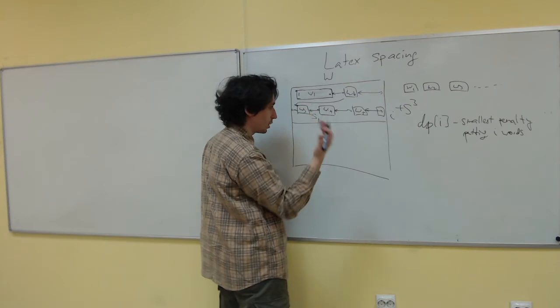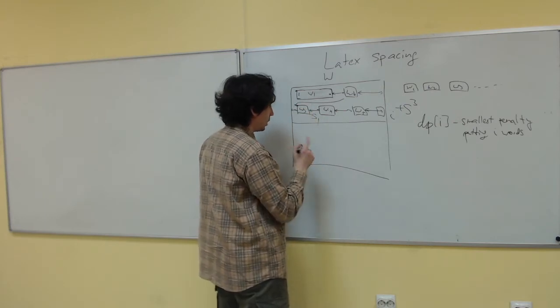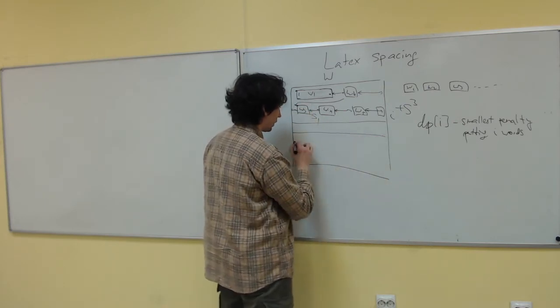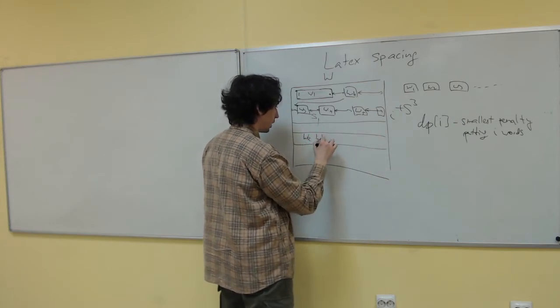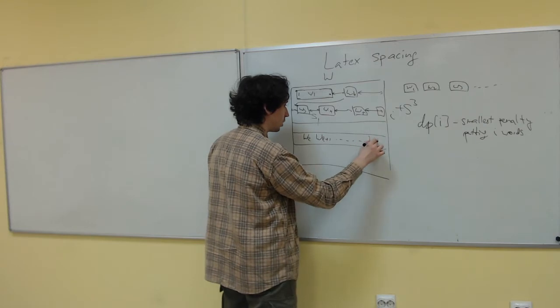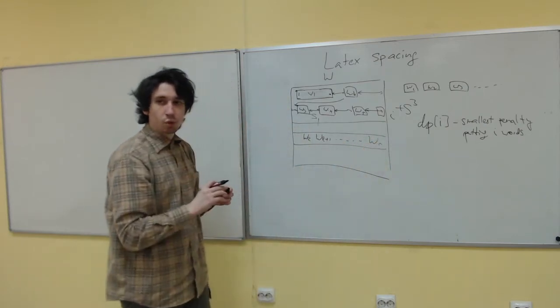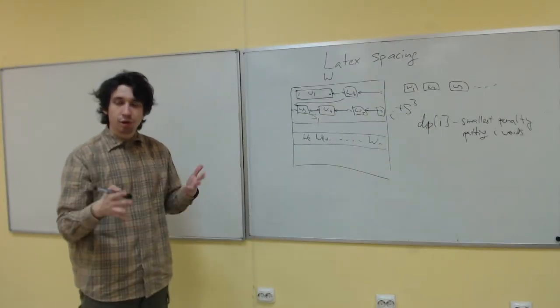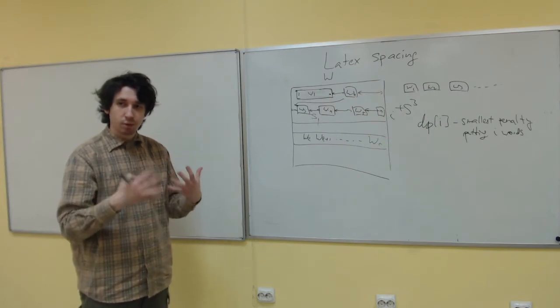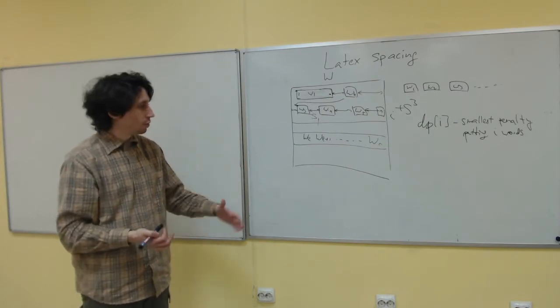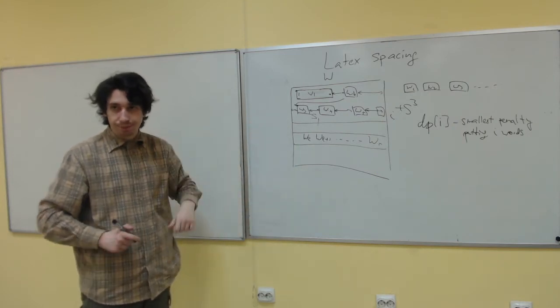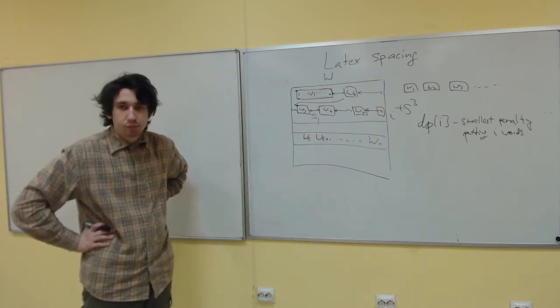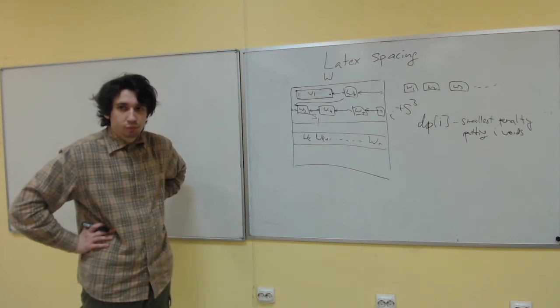Okay, so the first question. Suppose that we know that the line contains words L plus 1, etc., word R. So do we know the smallest penalty that will be achieved? Like suppose we know that at the line we have these words. What will be the penalty? What do you think?